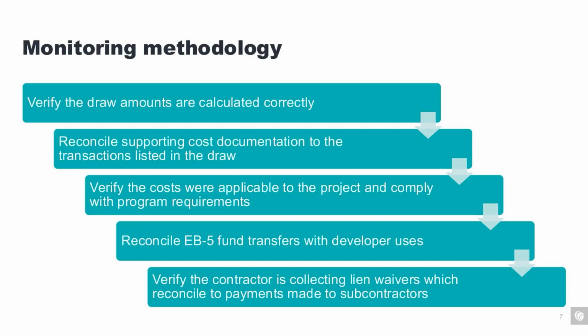And in some states, there are even conditions that prevent getting the certificates of occupancy if there are significant liens on the project. So all of these are going to contribute to job creation and the ability to fully satisfy the EB-5 requirements. So lien waiver management is a component of how we manage our projects.